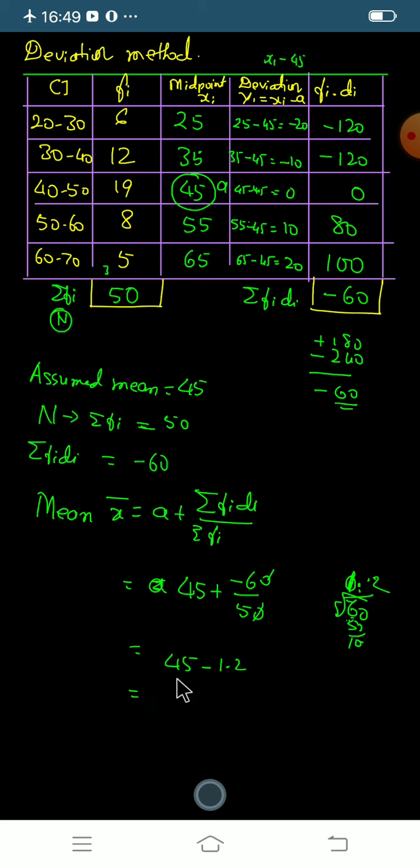So 45 minus 1.2 is 43.8 again. 43.8 is again the answer for the mean. Understood? So this is how we can find the mean by the deviation method. Now we have to go for another method, that is the step deviation method.